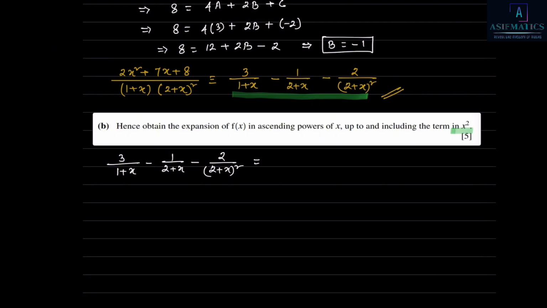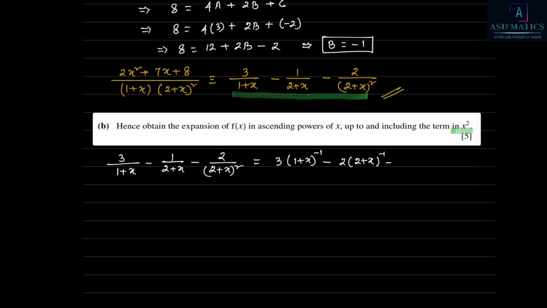That equals to, we can write 3 times 1 plus x to the power minus 1, minus 1 times 2 plus x to the power minus 1, sorry, this is 1, this is not 2.